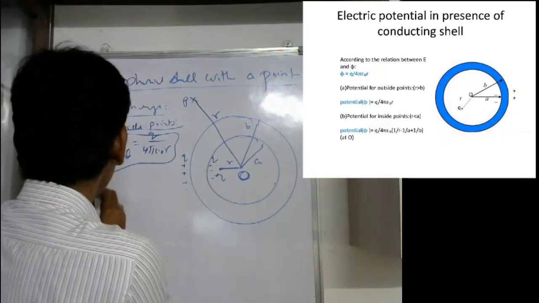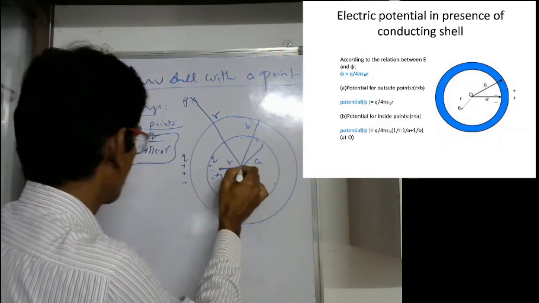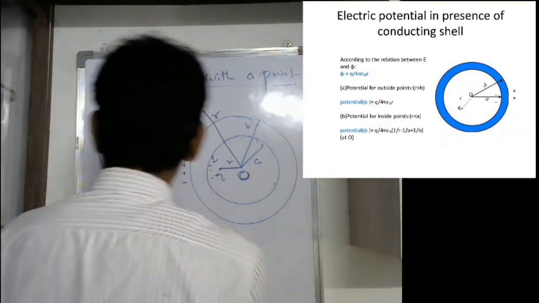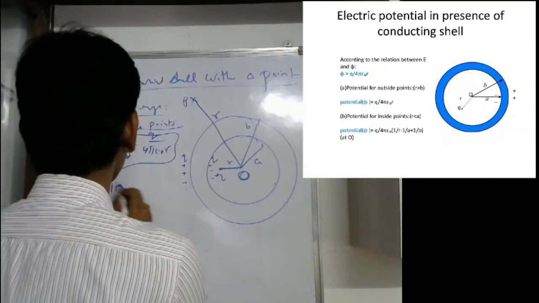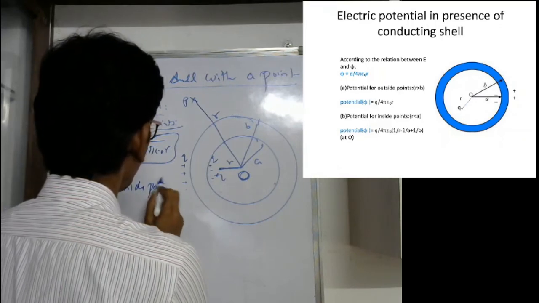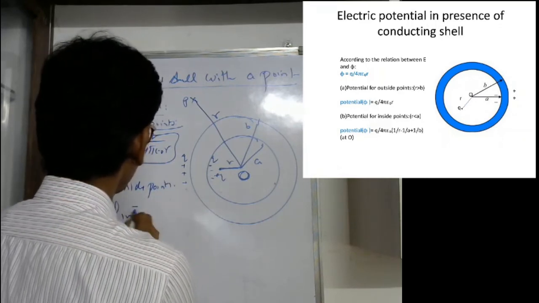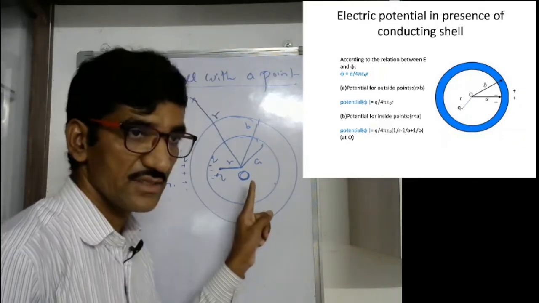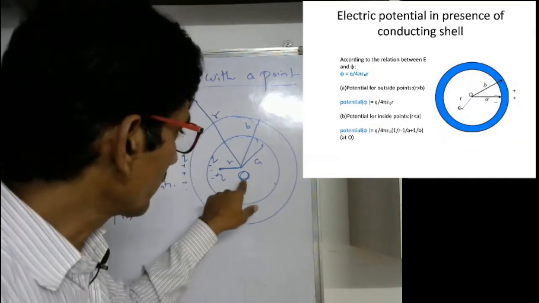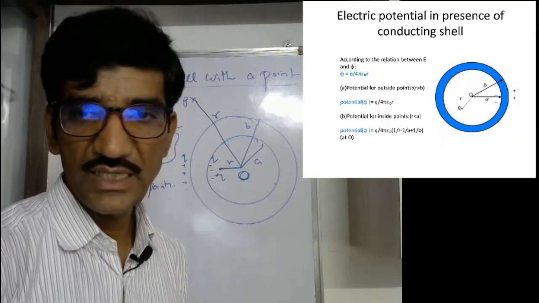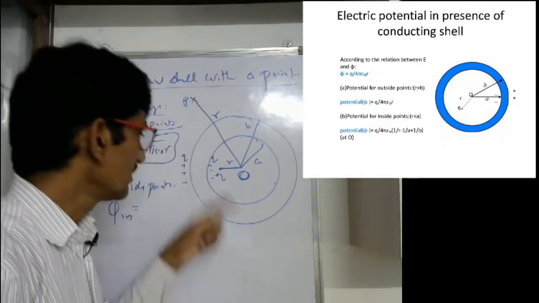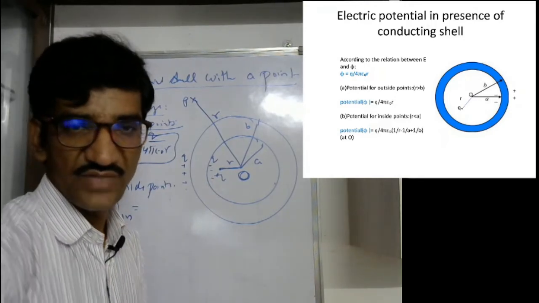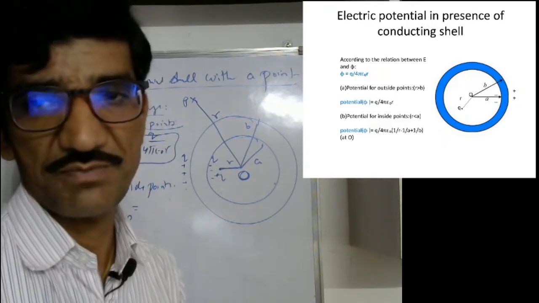Next, let us go for the inside points, particularly at O. Phi in is equal to how much? Particularly, let us take the case of the point located at O. How many charges are there now? This is plus Q charge, this is minus Q charge, this is plus Q charge. So here we have to use the superposition principle.